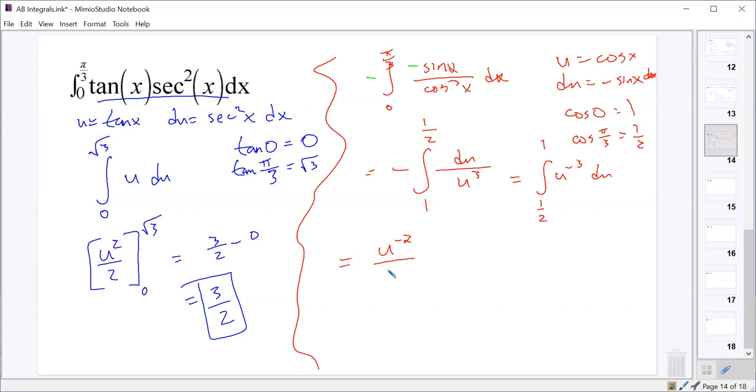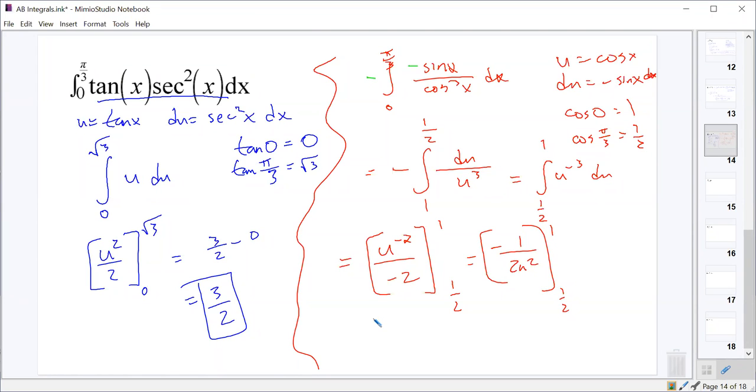And if we integrate u to the -3, what do we get? u to the -2 divided by -2, evaluated from 1/2 to 1. And u to the -2, if we wanted to rewrite that, is -1/2u squared.